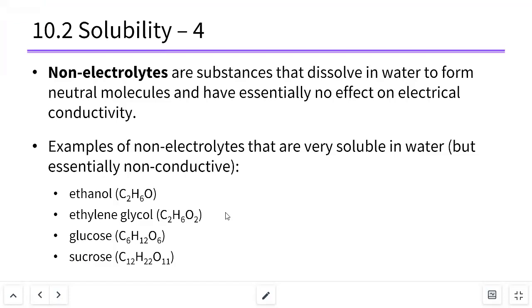The third category is the non-electrolytes themselves. The non-electrolytes don't have any conductivity effect whatsoever. And the reason they don't is because they don't form ions in any kind of capacity either.